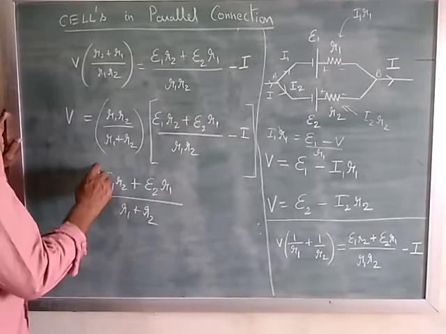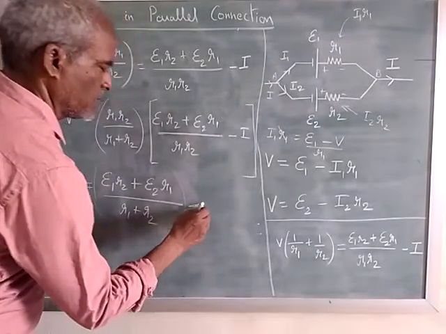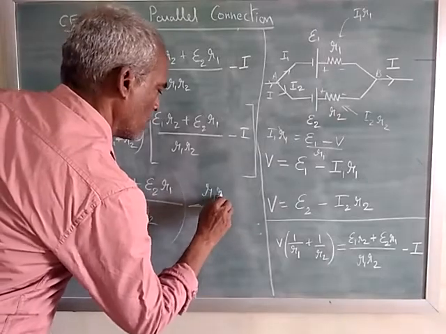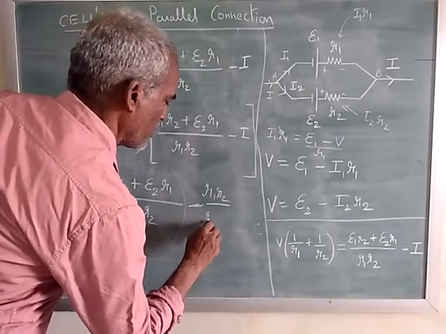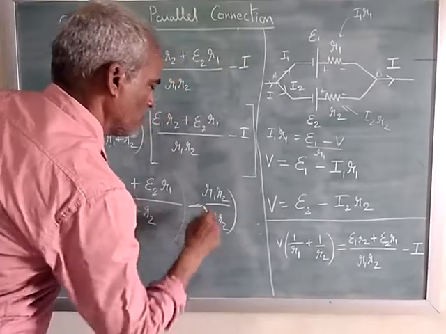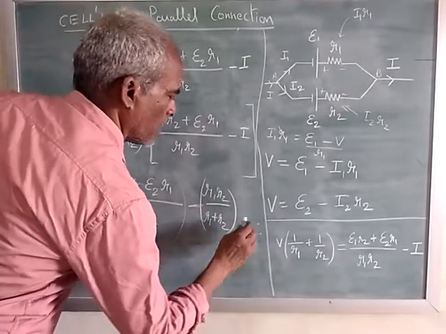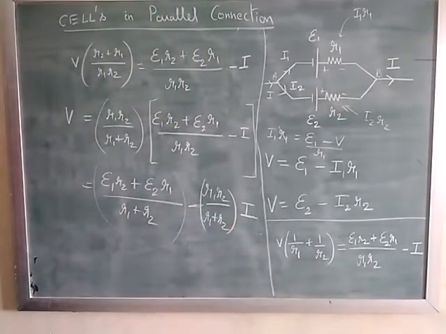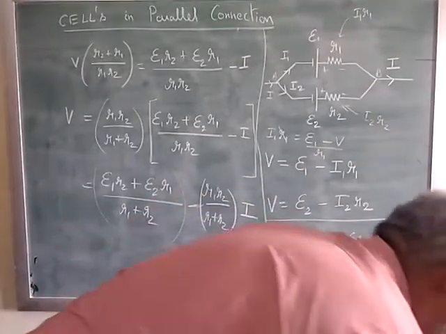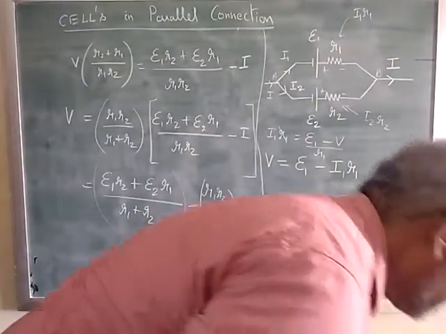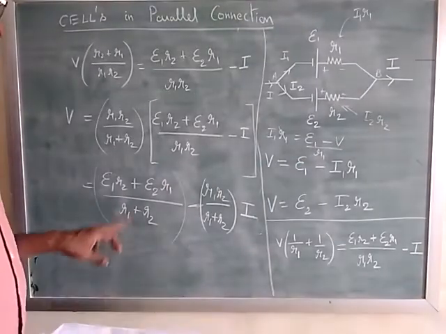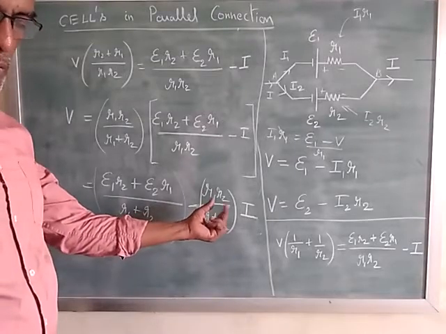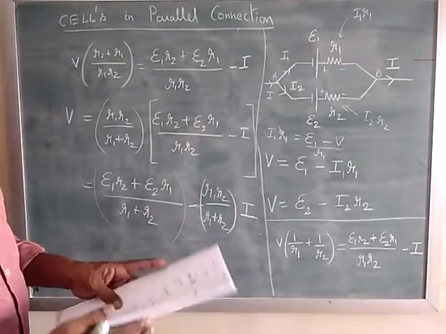This is the first term minus the second term, which will be R1 R2 by R1 plus R2 into I. So V is E1 R2 plus E2 R1 divided by R1 plus R2 minus I into R1 R2 by R1 plus R2. Up to this it's correct.